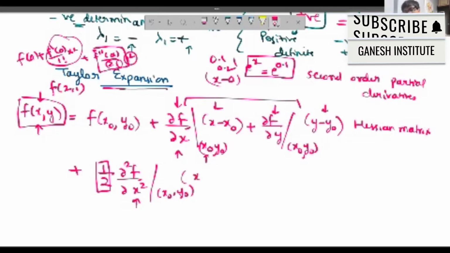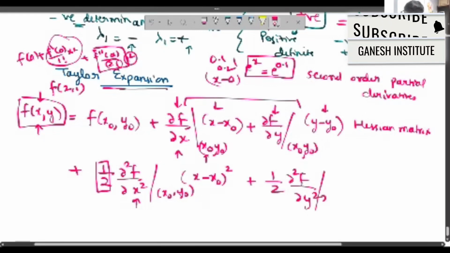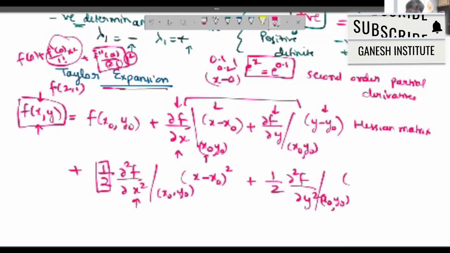So what it will be here? X minus x naught, the whole square. Good. Then again with respect to y, tell me what it will be having. So 1 upon 2, that is y minus y0 the whole square. Correct.